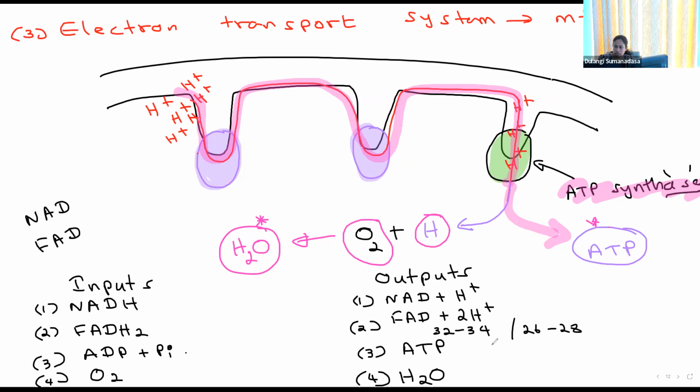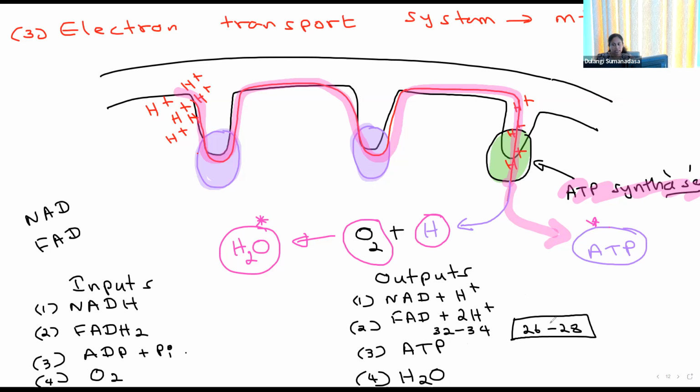We used to say 32 to 34, but different cells produce different numbers. You can say 26 to 28. I will confirm which one is correct, but there is a document that says 26 to 28.